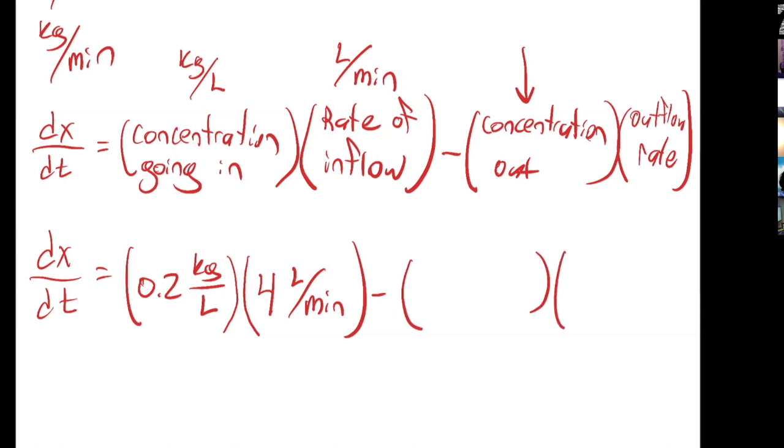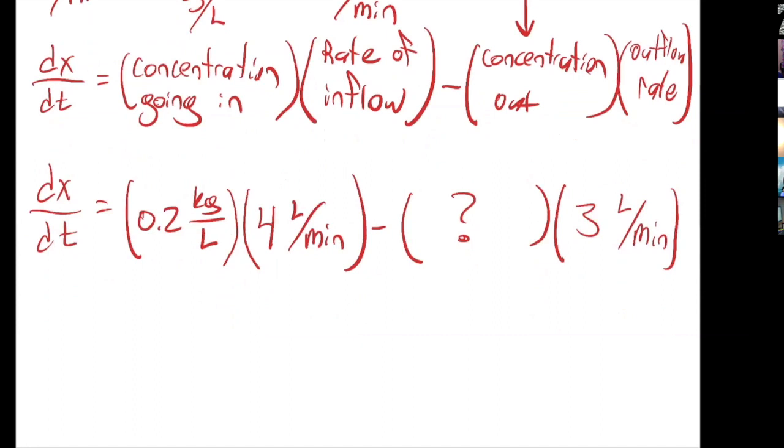I will leave that blank for now, times the outflow, which is 3 liters per minute. I think the trickiest part of this is figuring out the concentration going out, because that's the one part of this puzzle which is not constant.